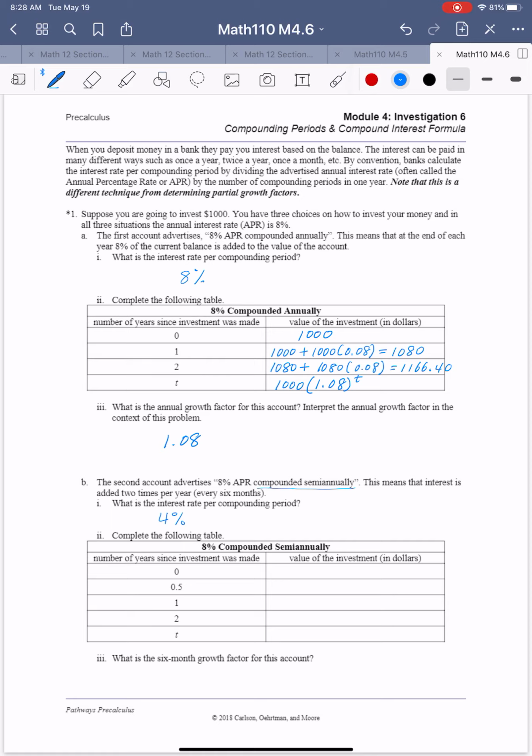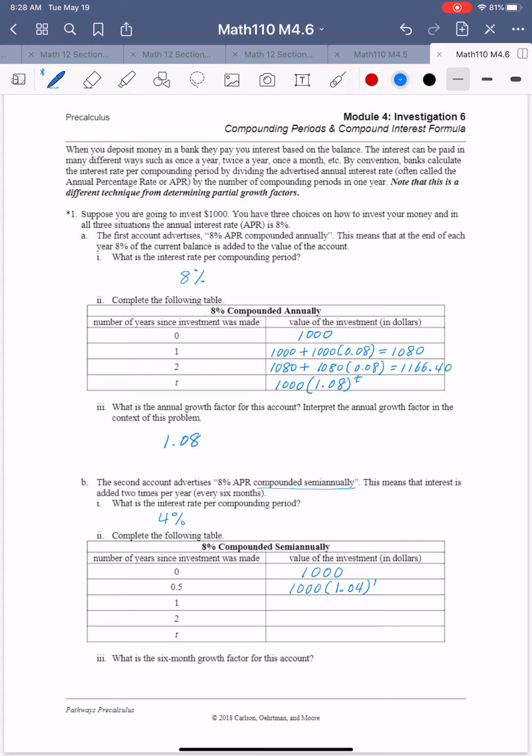For compounded semi-annually, at the beginning it was 1,000, and then every 6 months you get 1.04, which is 104%. The 0.5 is half a year, 1 period.